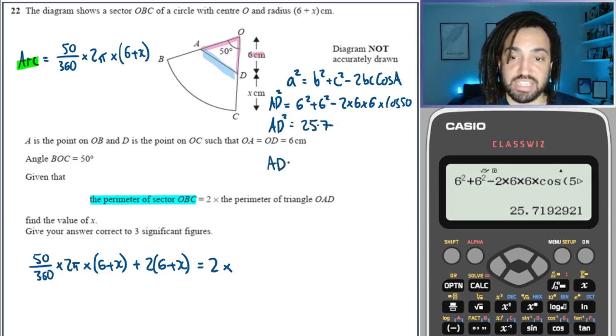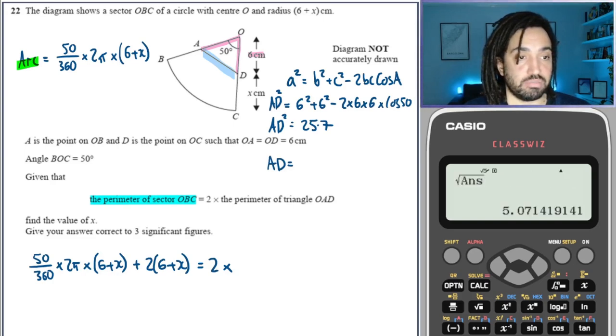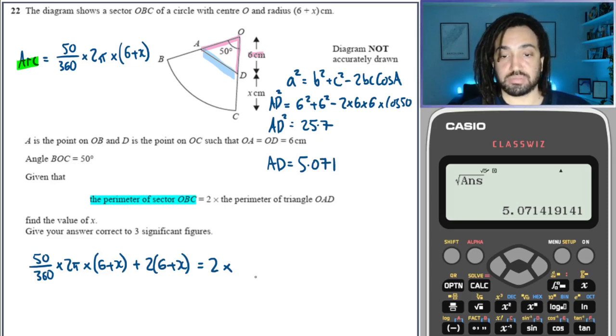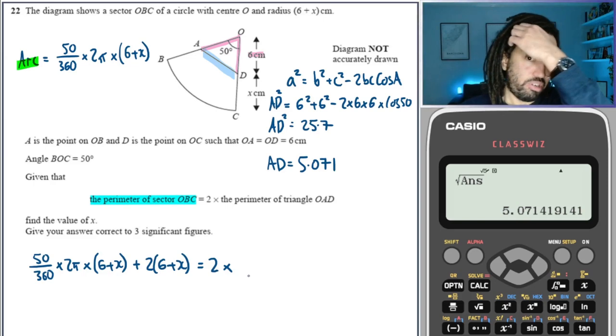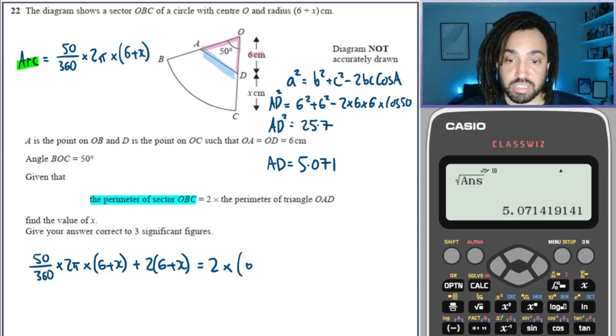So therefore AD is equal to the square root of that, which is 5.071. Okay, so now we're in a position to work out the overall perimeter of this triangle. So the perimeter is 6 plus 6 plus 5.071.